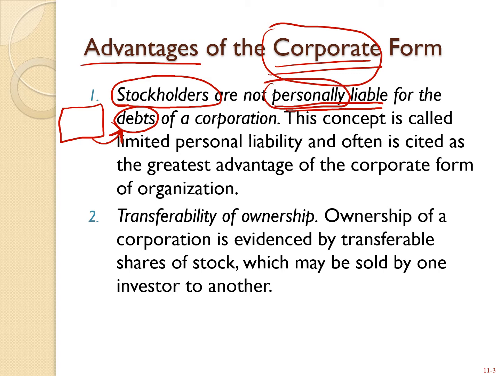It cannot get personal. The liability is limited up to the level of ownership in this company, the assets of this company. This is one of the main advantages of corporations.